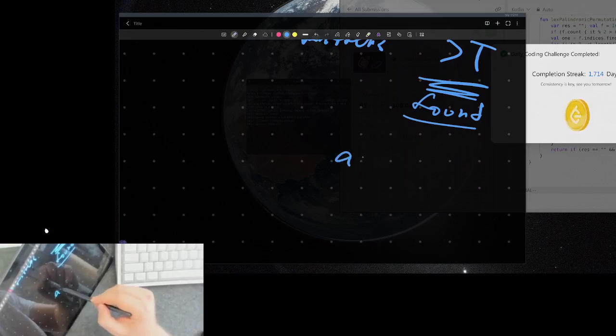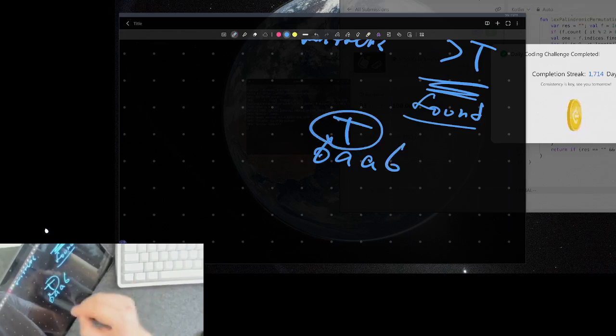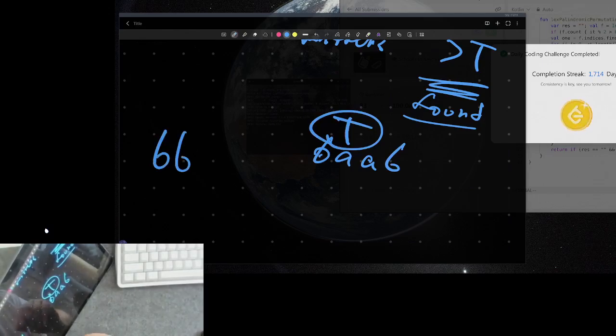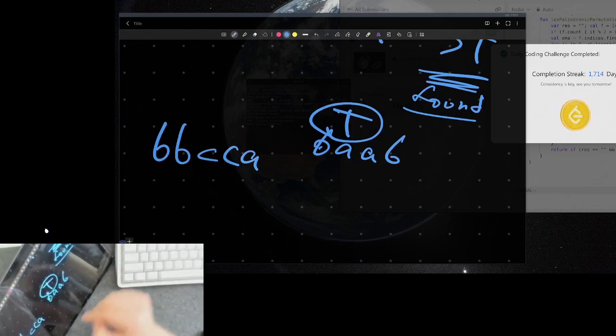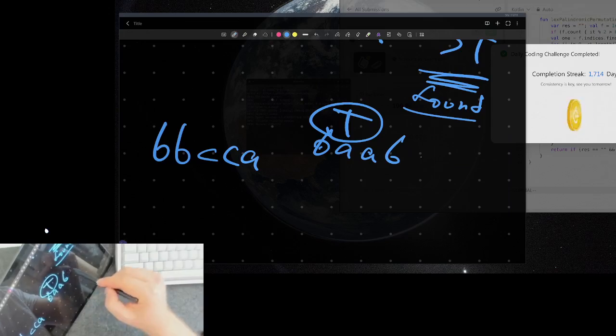Imagine we have this target, and the letters we have are like B, B, C, C, A, and we want to find the smallest. So it is 5, so we have to add something like, I don't know, A maybe.